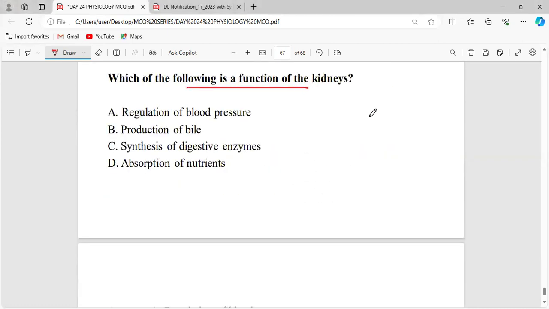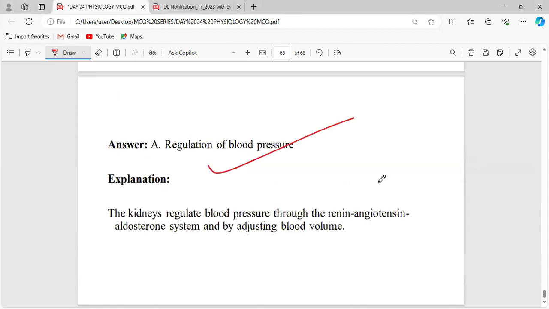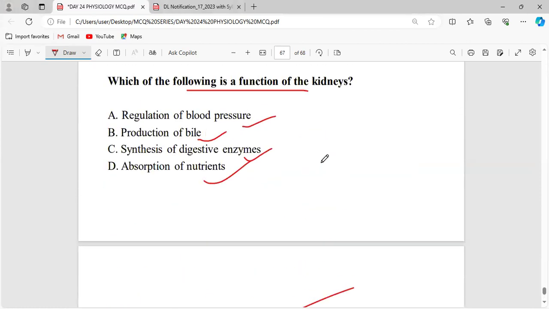Now, which of the following is a function of the kidney: regulation of blood pressure, production of bile, synthesis of digestive enzymes, absorption of nutrients? That will be option A. Regulation of blood pressure is an important function done by the kidney, through the renin angiotensin aldosterone system, which adjusts the blood volume based on the pressure.